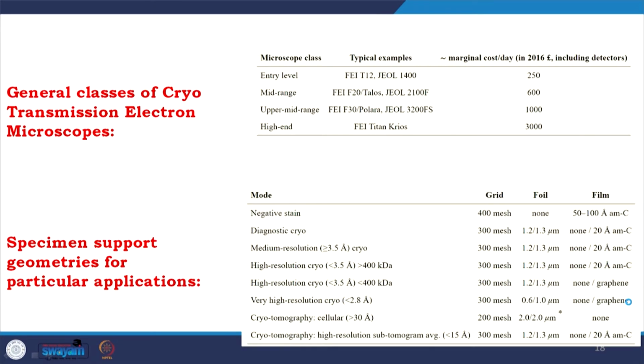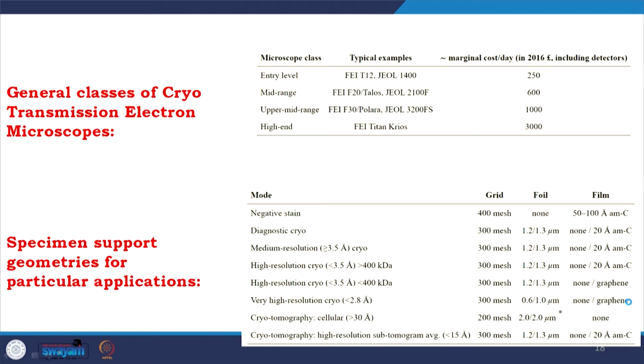So, one, the general classes of cryo transmission electron microscopes. We are talking about them as entry level, mid range level, upper mid range level and high end. Entry level, a typical example is FEI T12 or JEOL 1400, and the marginal cost by day in 2016 is €250.